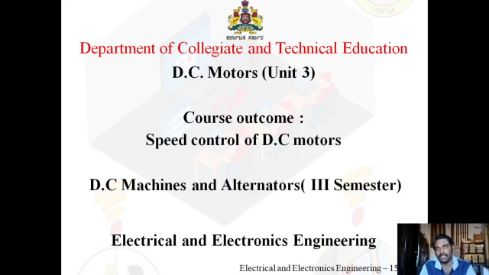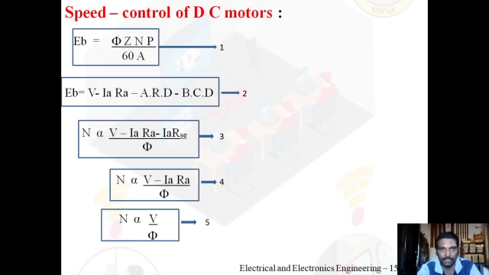So like this, based on the concepts we have discussed in the previous sessions, we can move on to the speed control of DC motors. Here, observe equation 1: the back EMF is equal to phi Z N P divided by 60A.